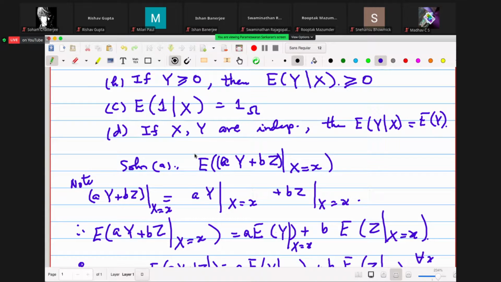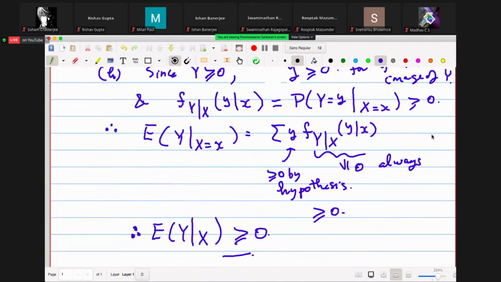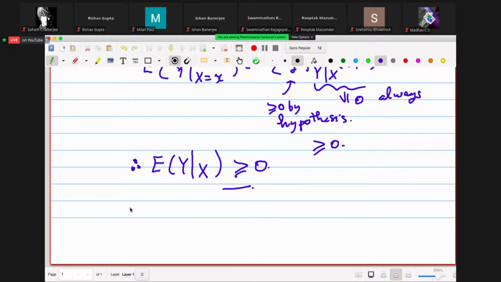Okay. And if x and y are independent, this is the same as this, again thought of as a function. So if x, y are independent, then what do you know?